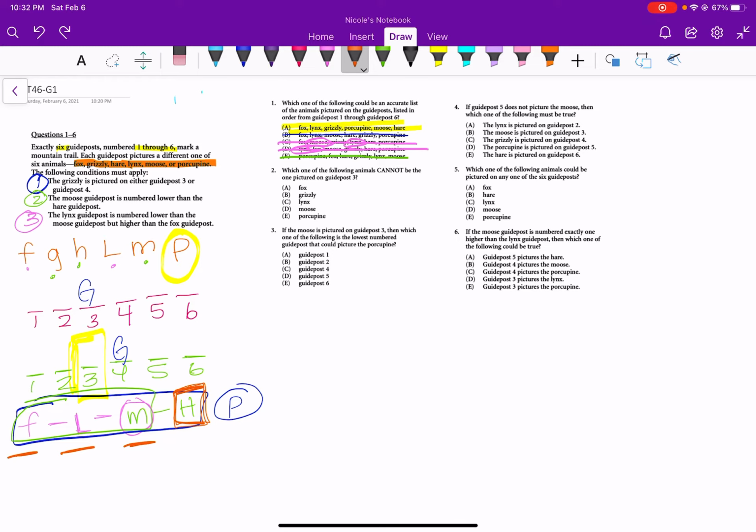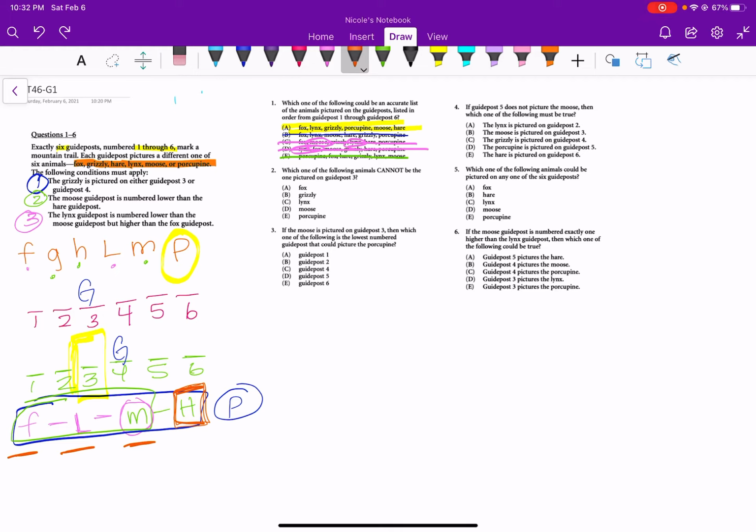H isn't an answer choice. So let's check out another one. Remember how we said, what about M? Oh, M cannot be on guidepost 3. So let's think about it the opposite direction.